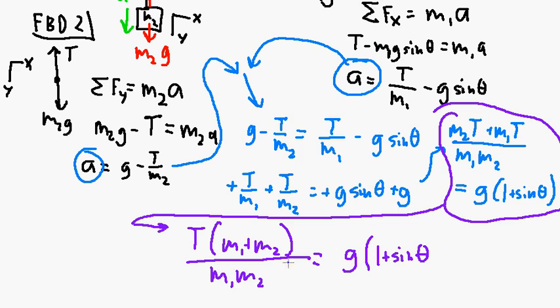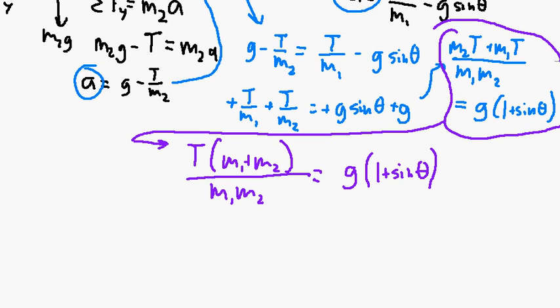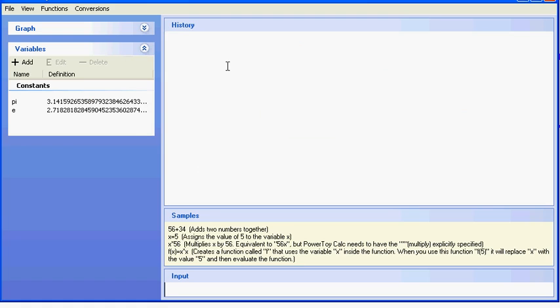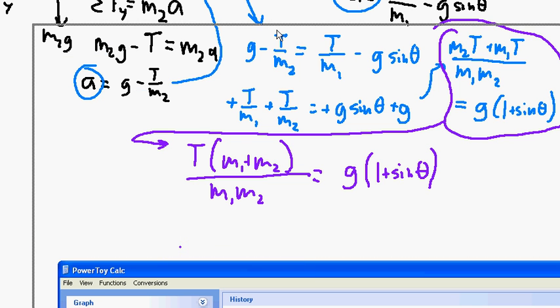I'm feeling just weird enough about this. So I've got tension here, I know m1 and m2 and g, so I'm going to go ahead and calculate this out because I'm feeling a little skittish about this. So, t times m1 plus m2 over m1 m2.